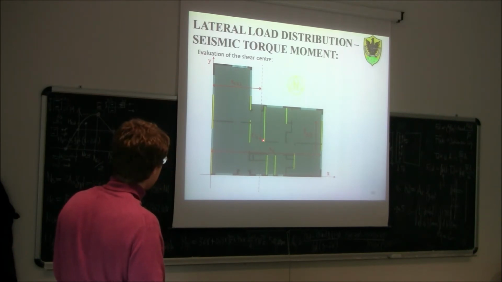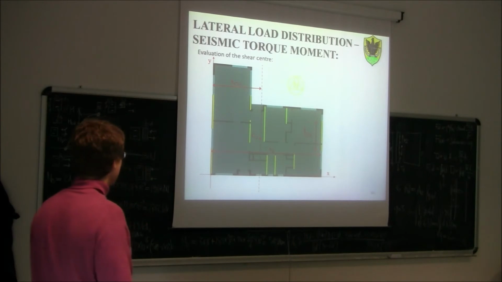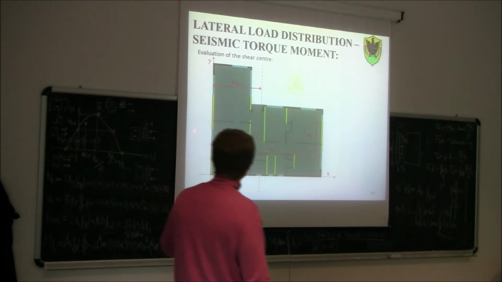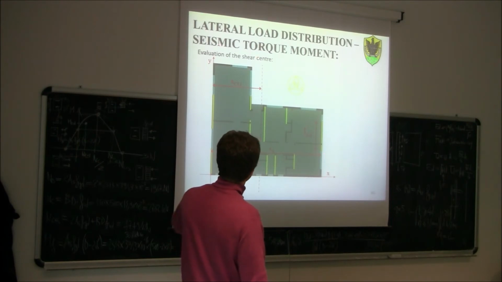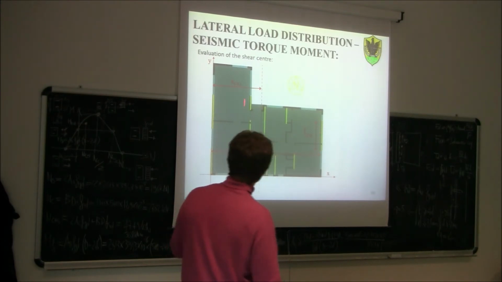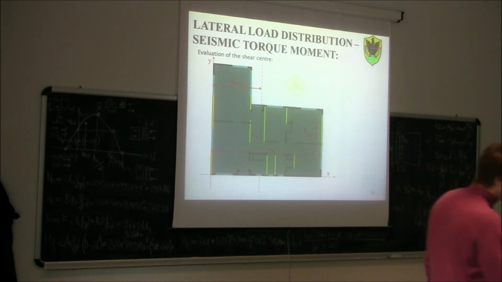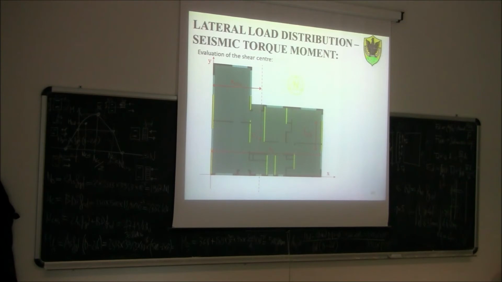So if this is the origin of our X and Y reference system, let's say Xij is the distance of the generic wall from the origin, and let's call XCTI the distance of the center of stiffness from the origin of the axis.